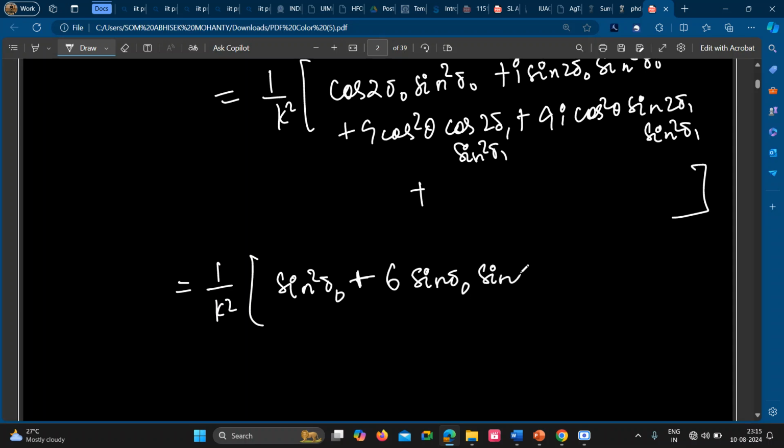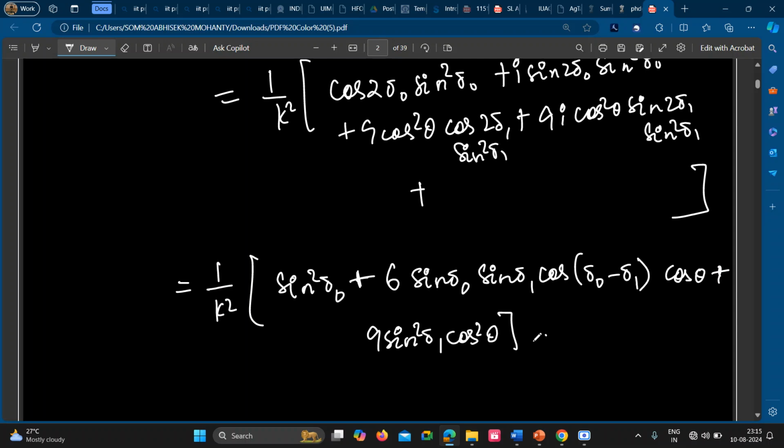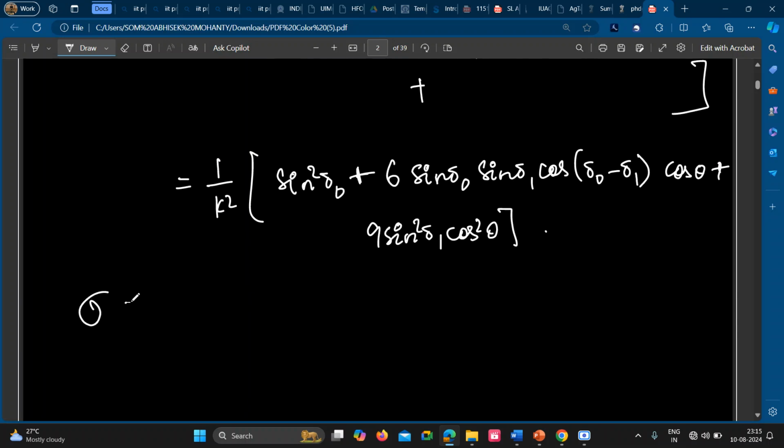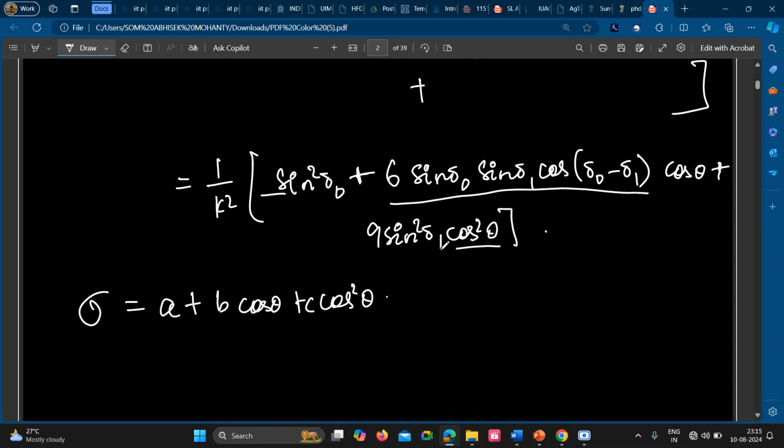We need sigma in the form a plus b cos theta plus c cos square theta, so this is your b, and this is your c.